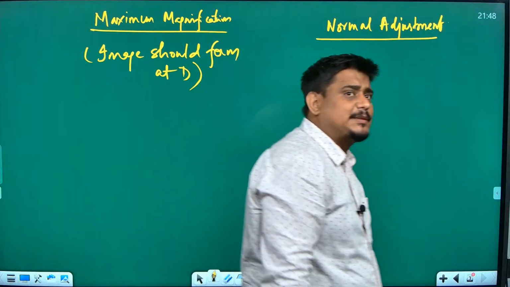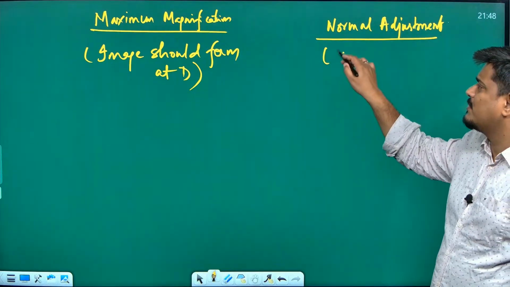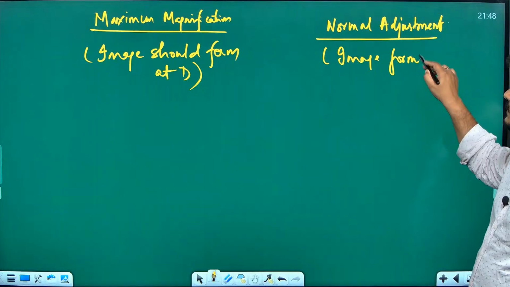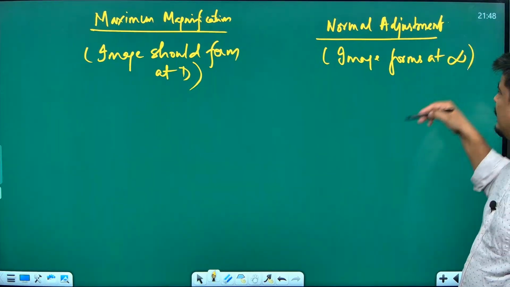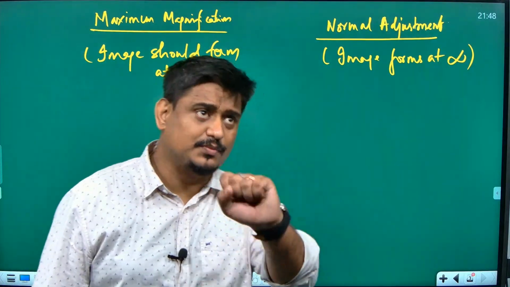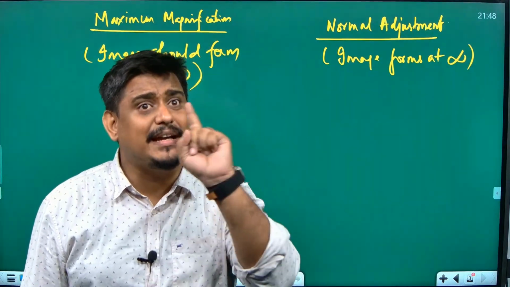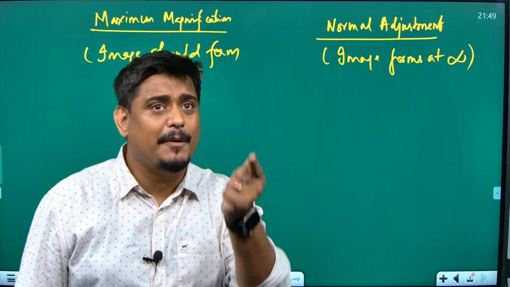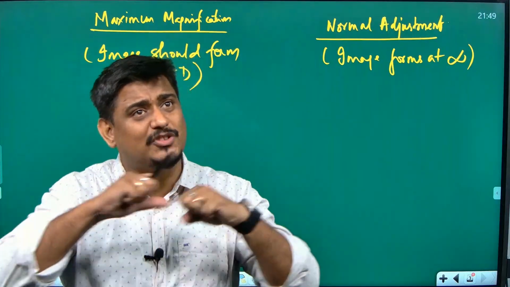And normal adjustment means the image forms at infinity. Now pay attention. Some time ago I told you that if the image is forming at D, our eyes will be in a strained condition. Why is it so? Because at that time our ciliary muscles are too much strained.